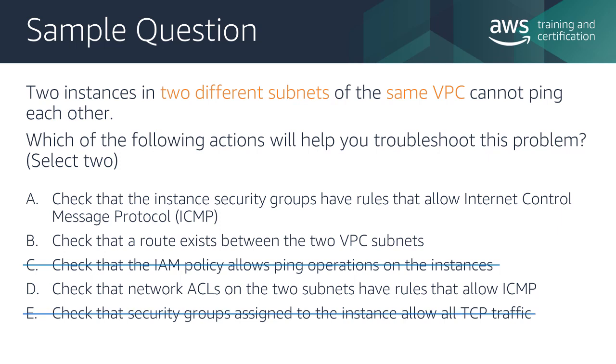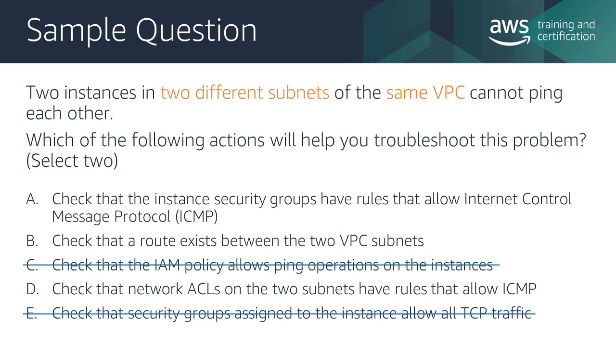Next one to get rid of. E, check security groups are assigned to allow TCP traffic. Ping is not TCP. Ping is not UDP. Ping is ICMP. So in this case, whether you're allowing TCP or UDP makes no difference at all. Which other one can I get rid of?